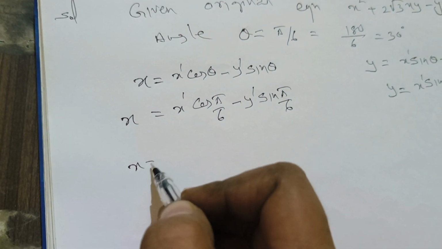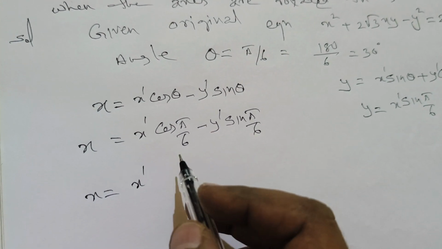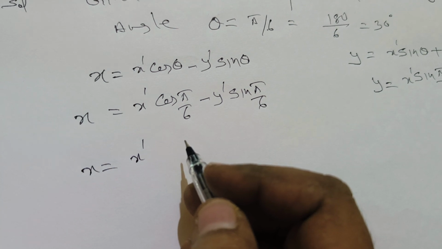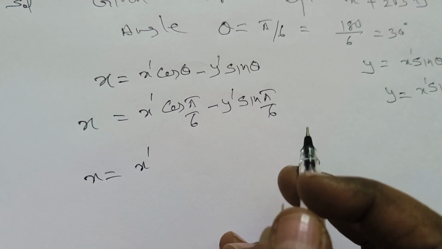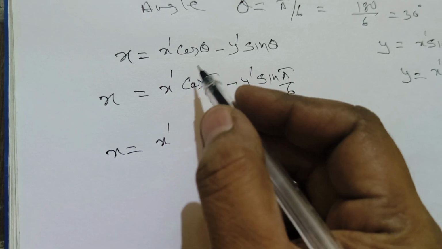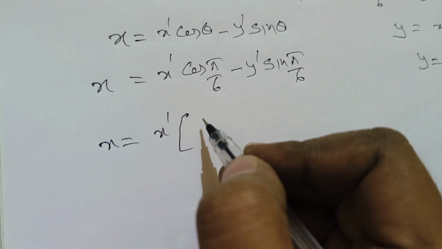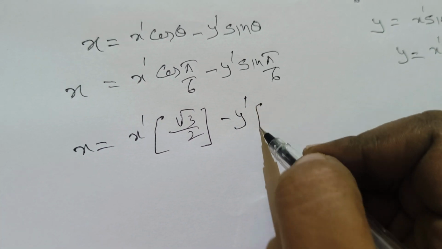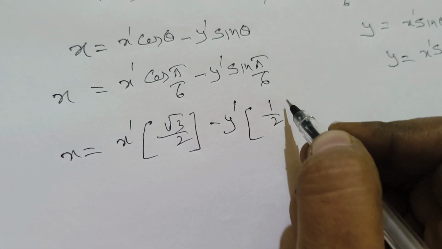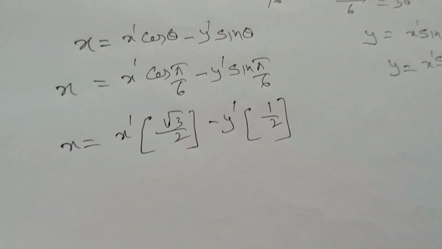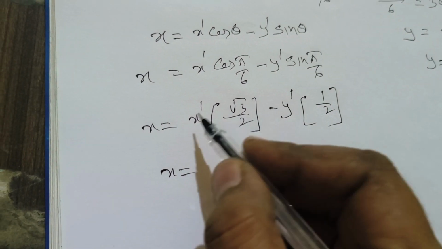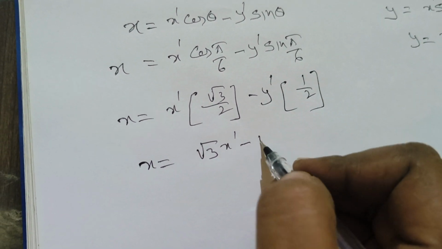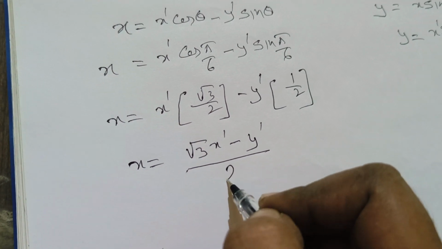So x is equal to x dash cos 30 degrees. Cos 30 degrees is root 3 by 2. Sin 30 degrees is 1 by 2. So, in place of cos 30 degrees, we will write root 3 by 2, minus y dash sin 30 degrees, which is 1 by 2. So, x is equal to root 3 x dash minus y dash, both denominators being the same, 2.